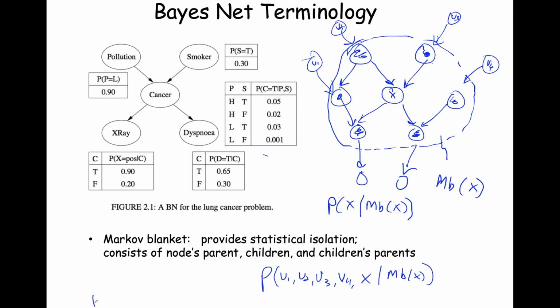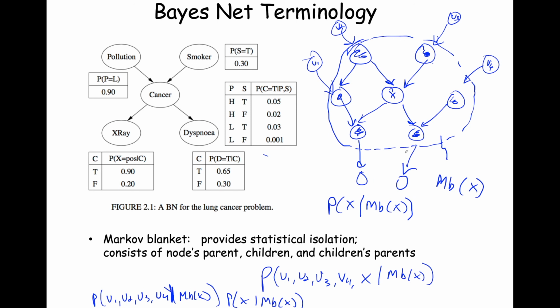That's the same as the probability of V1, V2, V3, V4, given the Markov blanket of X, times the probability of X given the Markov blanket of X. So this idea of conditional independence allows you to factor this joint distribution into the product of simpler distributions because of this conditional independence.